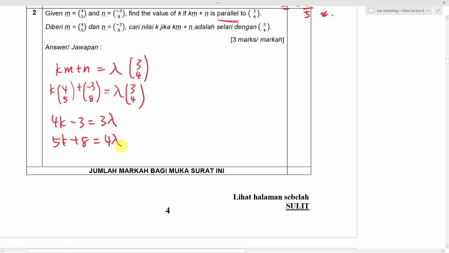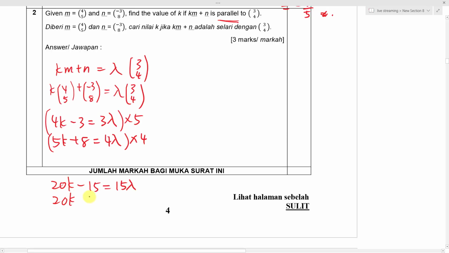Alright, and then I need to do the simultaneous equations to find out what lambda is first. Depending on whether you love elimination or substitution, both should be fine. Maybe I do the elimination, so I will make the k become 20. This equation I will multiply by 5, this equation I will multiply by 4. So I will have 20k minus 15 equals 15 lambda.